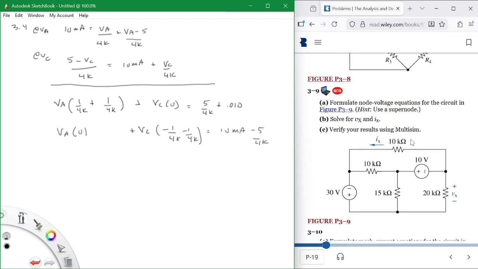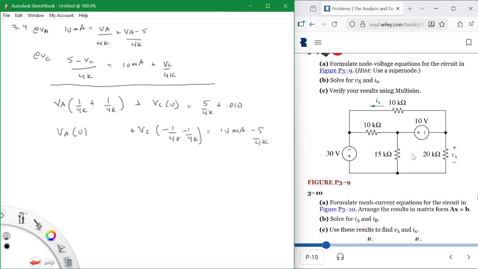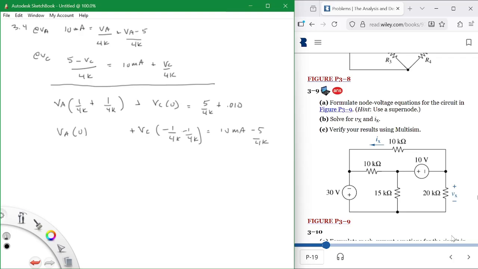Now this one is formulate node voltage equations for this one. How many unknown nodes are there here? Well, there's this one.